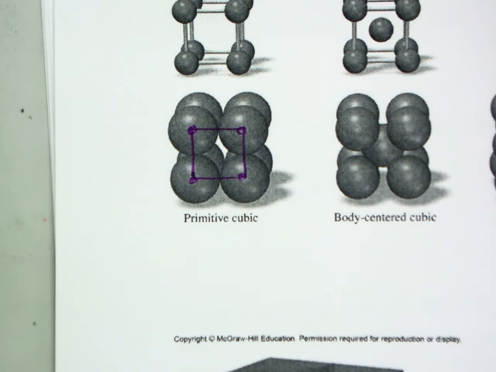So if you look at this, what is the relationship between the radius of those atoms and the size of the cubic cell? They are directly proportional. How so?